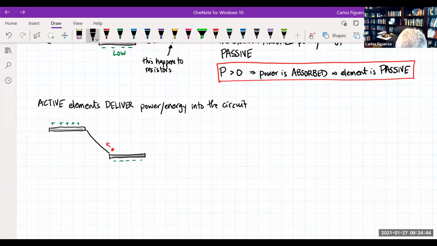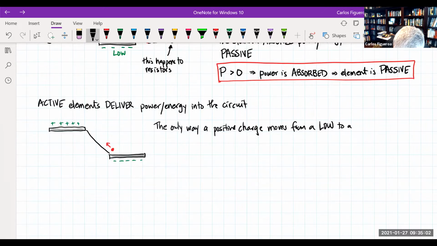Okay, so the only way a positive charge moves from a low to a high potential is if non-electrical work is done.